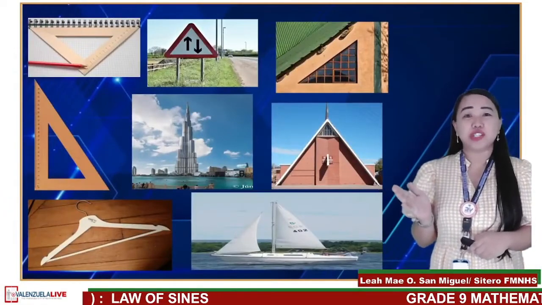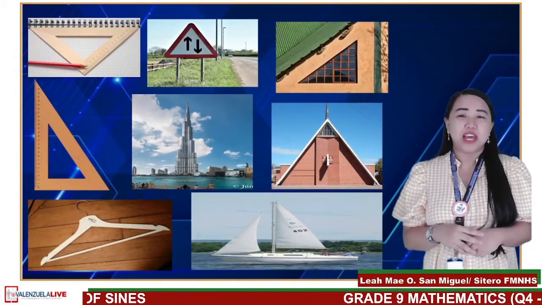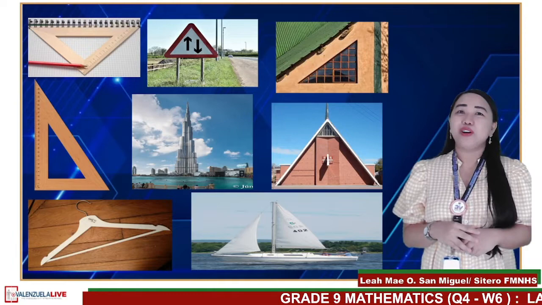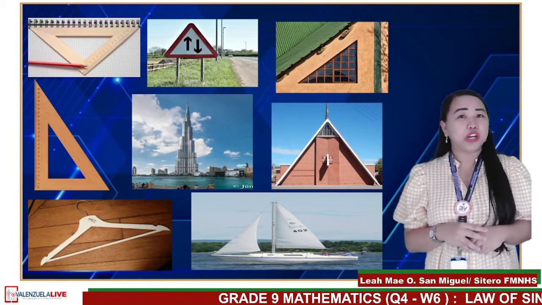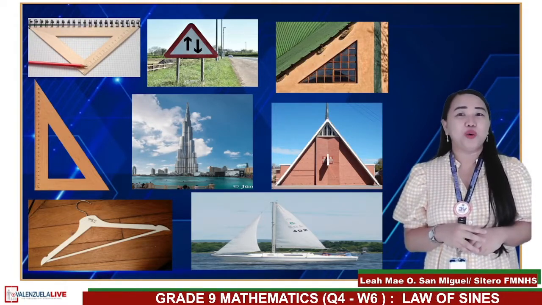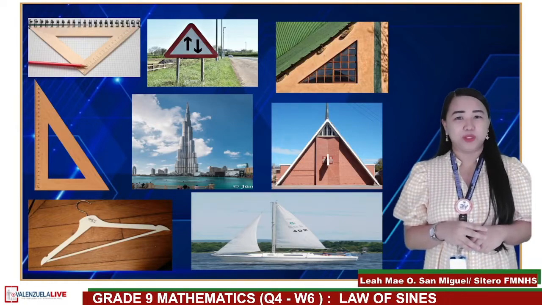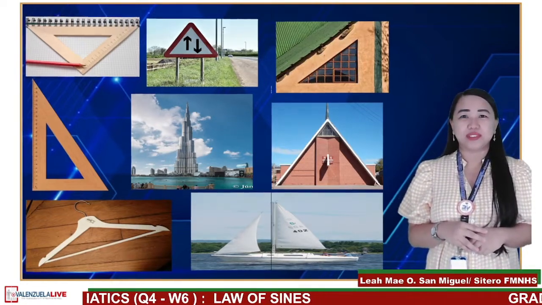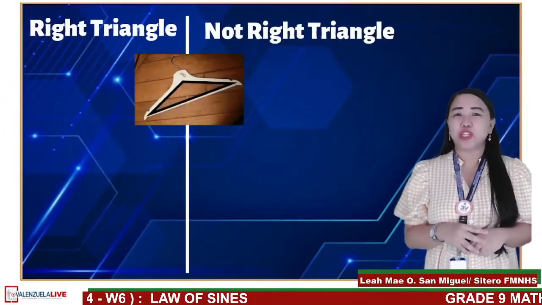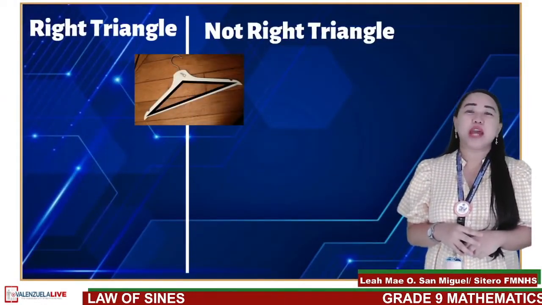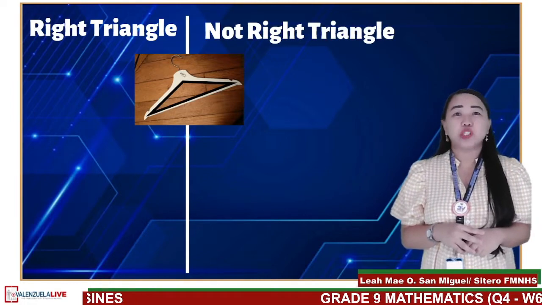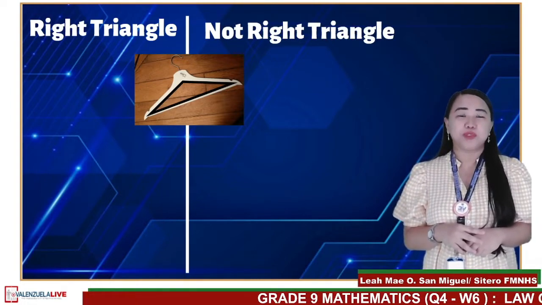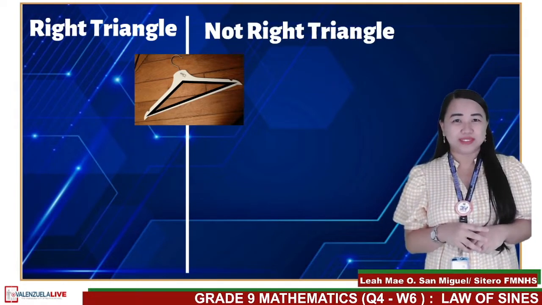Here are the pictures that you need to identify: triangular ruler, hanger, road sign, Burj Khalifa building, window, church, and sailboat. Are you ready? Let's begin. First picture. Identify if the triangle opening of the hanger is right triangle or not. What is your answer?